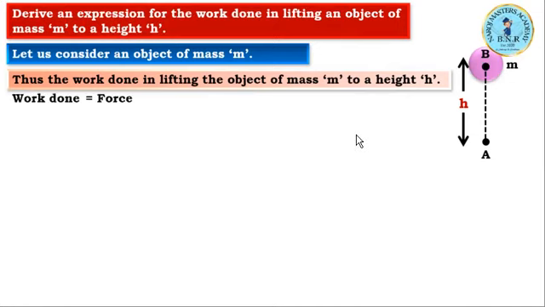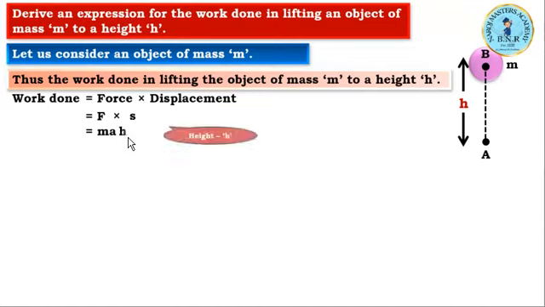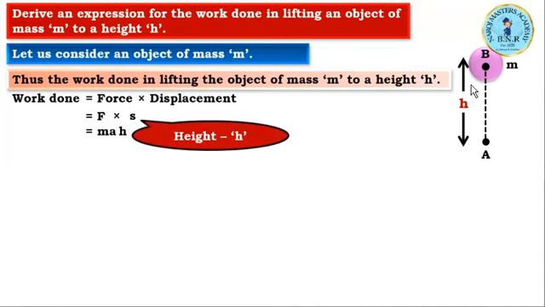So thus work done in lifting the object of mass m to a height h is work done equal to force into displacement, as we know that force is F and displacement is S. So force is nothing but mass into acceleration and displacement is nothing but height h. Here, as we know, acceleration is nothing but acceleration due to gravity, also g.